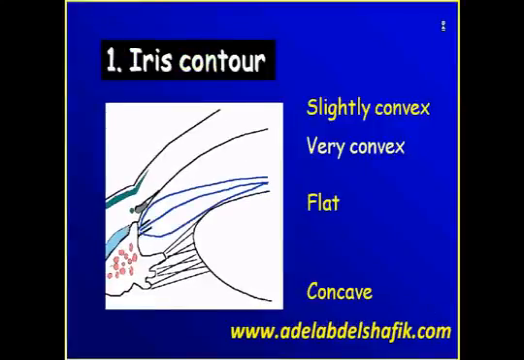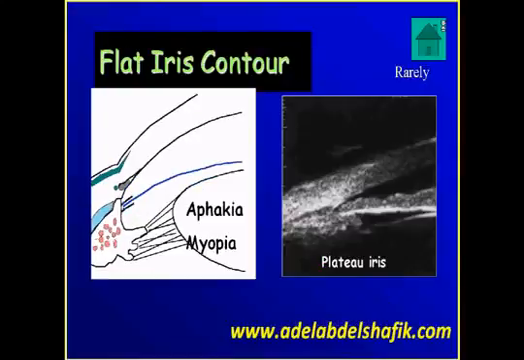And if the tension is high, we call it pigmentary glaucoma. So the first point is to have a comment on the iris contour.